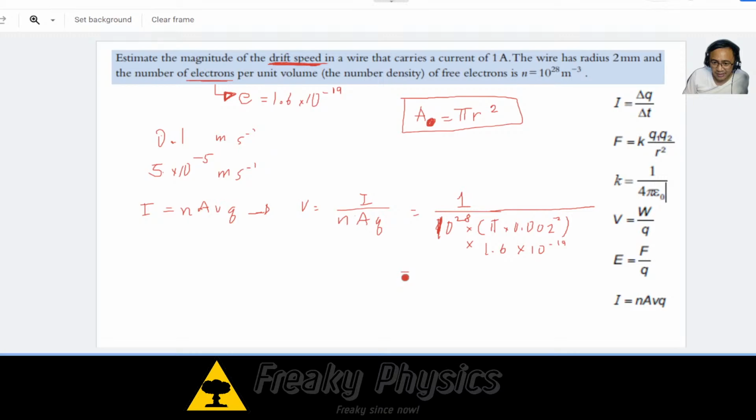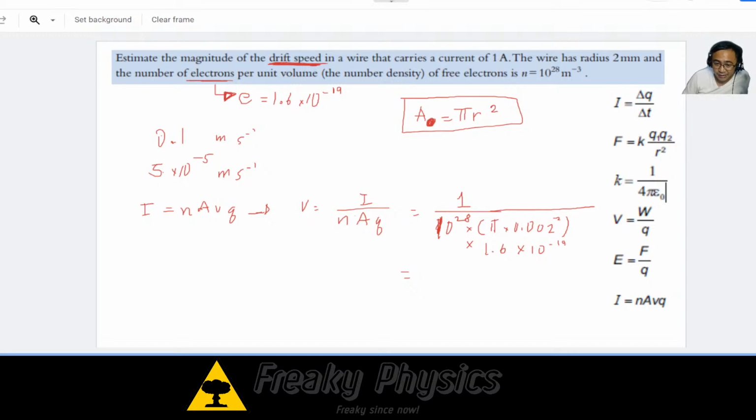If we put that in the calculator, I'll do 0.002 squared, times pi, then times 10 raised to 28, and then multiply that by 1.6 exponent negative 19.